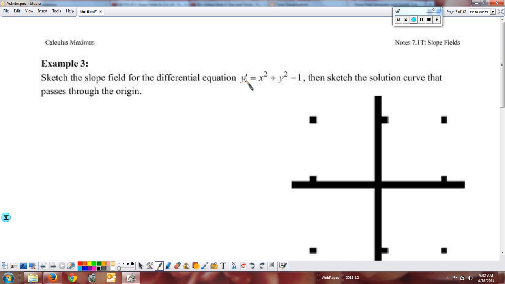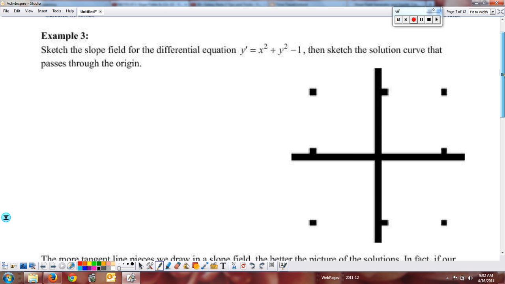So another example, here I have my slope as a function of both x and y, and so I want to go ahead and just plug and chug. I only have this set of 9 points to do, so let's see. When will I have slopes of 0? Is it possible to have slopes of 0? Well, sure, as long as x squared plus y squared equals 1.